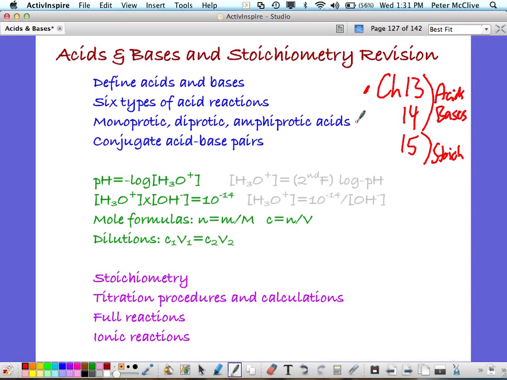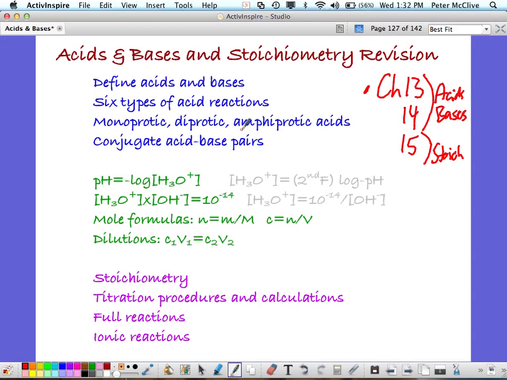Proton's just another word for the hydrogen ion, and mono meaning one, so it can give 1 hydrogen ion. So hydrochloric acid is an example of that, just HCl can give 1 hydrogen. Di means 2, so diprotic would mean an acid that can give 2 hydrogens. So sulfuric acid, there aren't many examples, but sulfuric acid is probably the example, H2SO4.